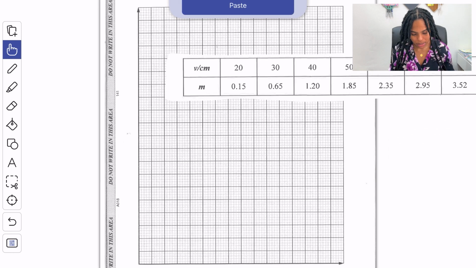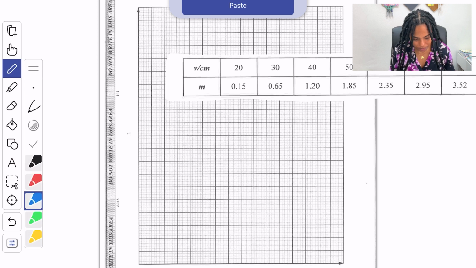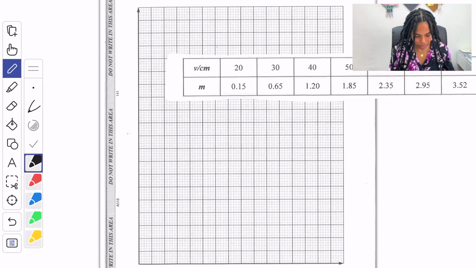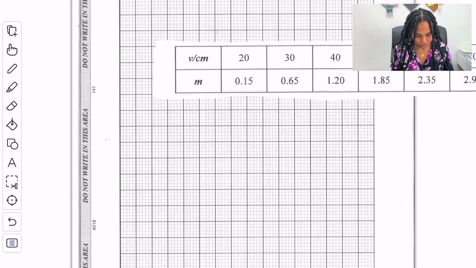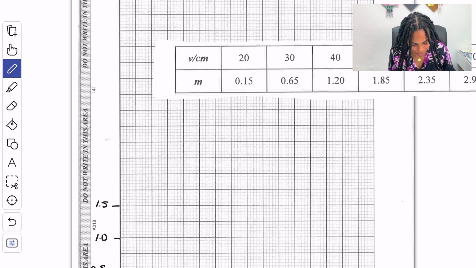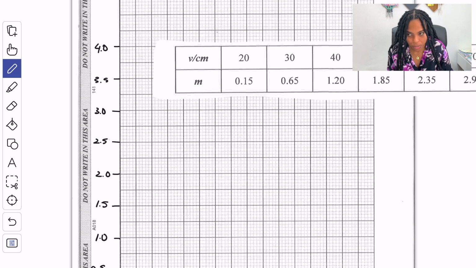So 2 centimeters to represent 0.5 will be, let me zoom in a little bit, 0.5, 1, 1.5, 2, 2.5, 3, 3.5, 4. And that is my magnification axis.